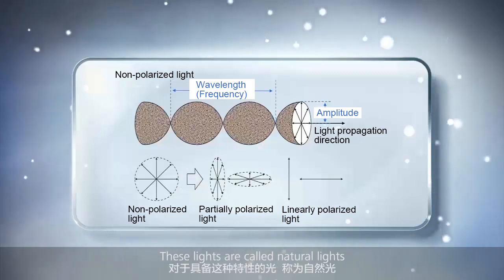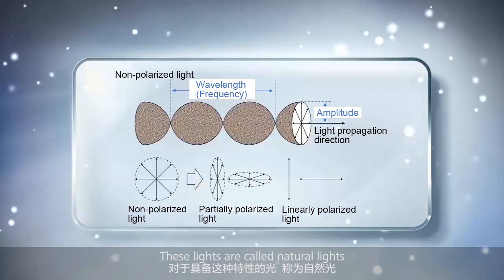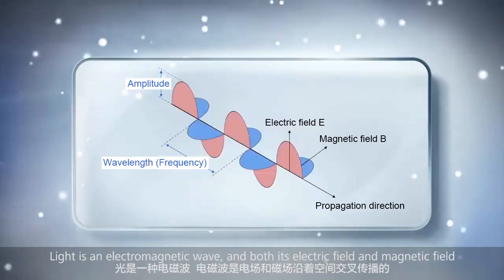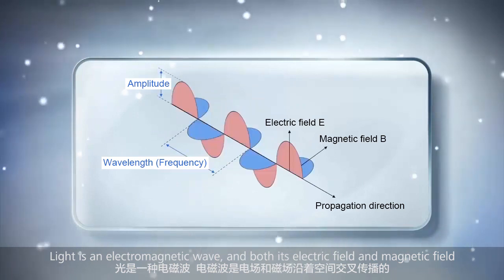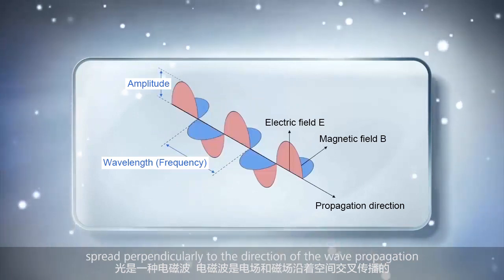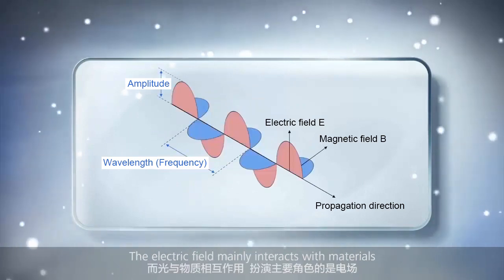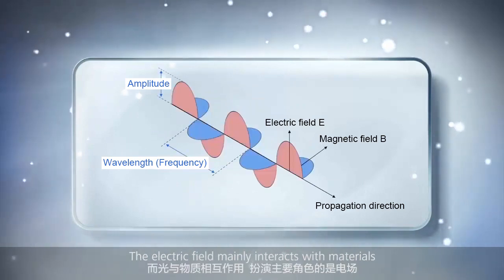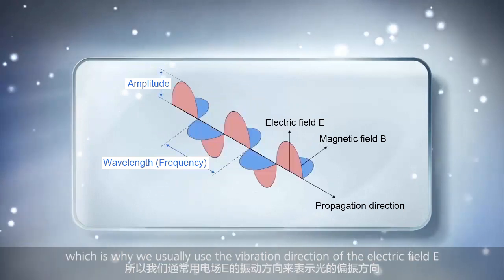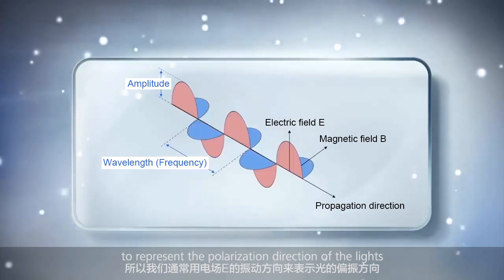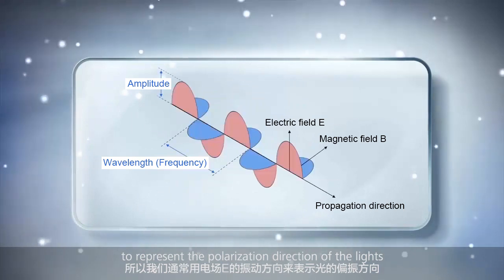These lights are called natural lights. All other lights are called polarized lights. Light is an electromagnetic wave, and both its electric field and magnetic field spread perpendicularly to the direction of the wave propagation. The electric field mainly interacts with materials, which is why we usually use the vibration direction of the electric field E to represent the polarization direction of the lights.